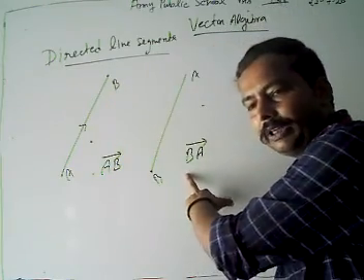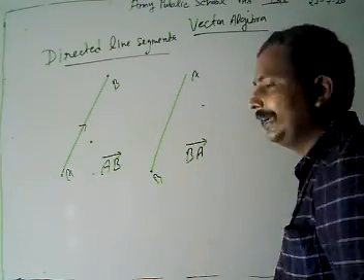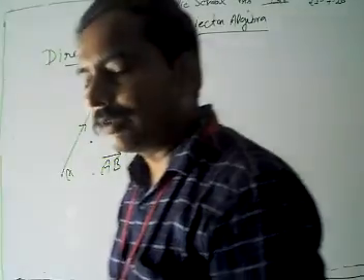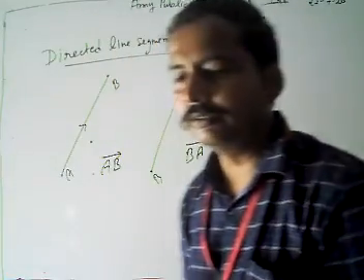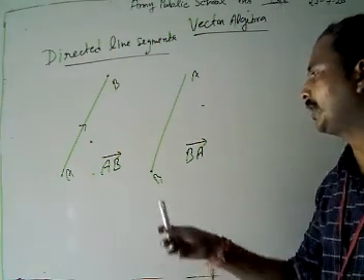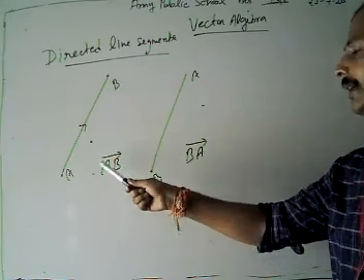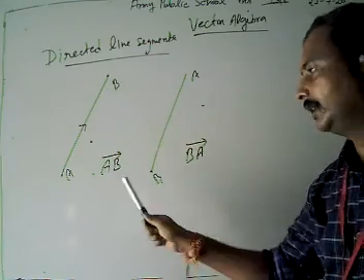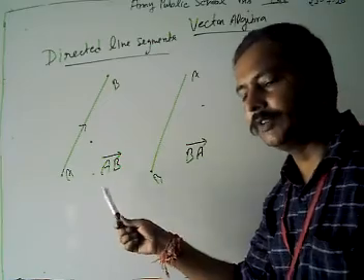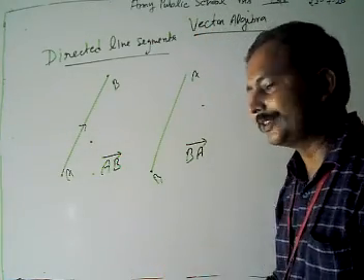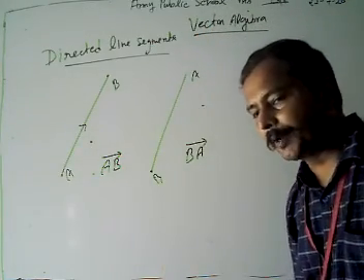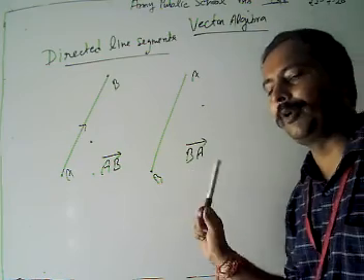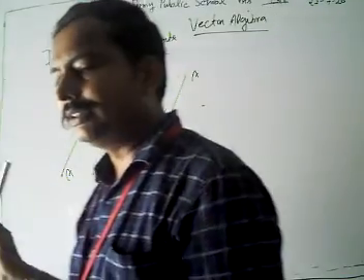Here B is the initial end point and A is the terminal end point. So do not make confusion about the directed line segment. The arrowhead on AB gives the information that A is the initial point and B is the terminal point, and here B is the initial point and A is the terminal point.